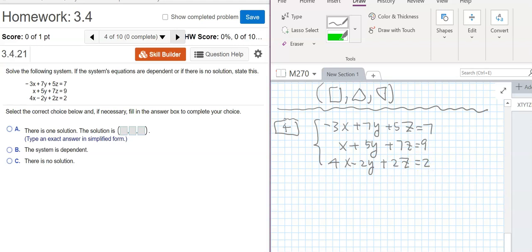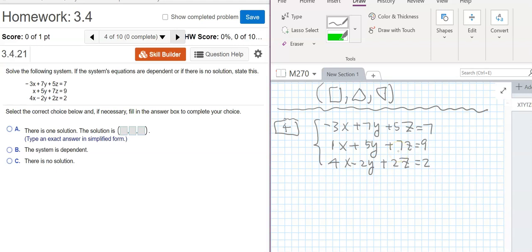Again, I'm going to solve this by eliminating a letter. Now, I'm looking at all the coefficients: negative 3, 1 and 4, 7, 5, 2, 5, 7, 2.